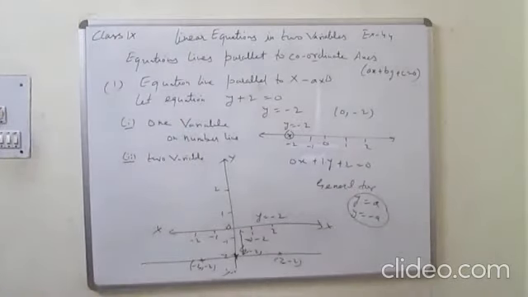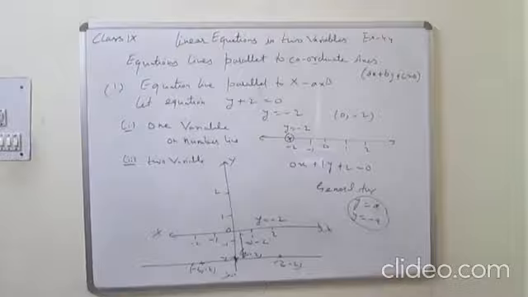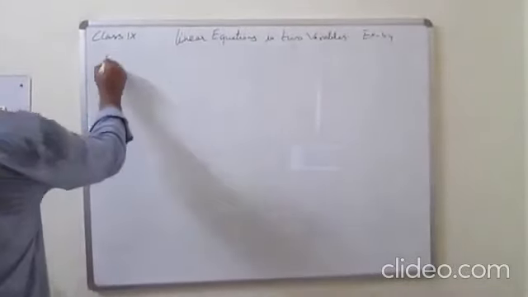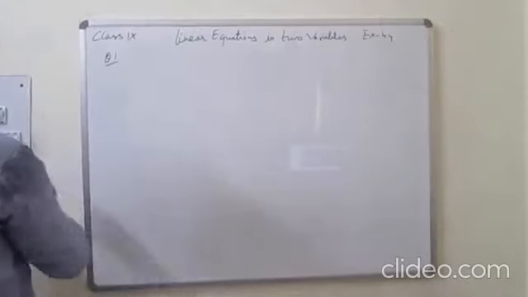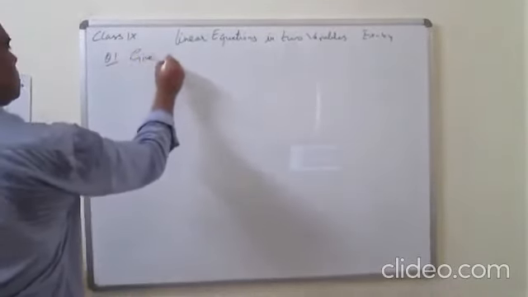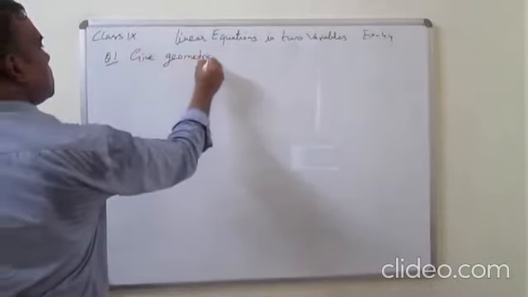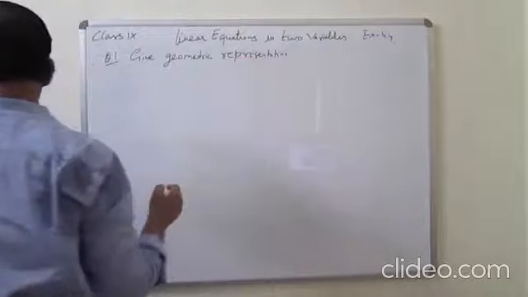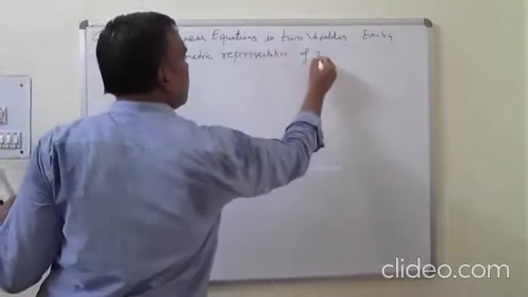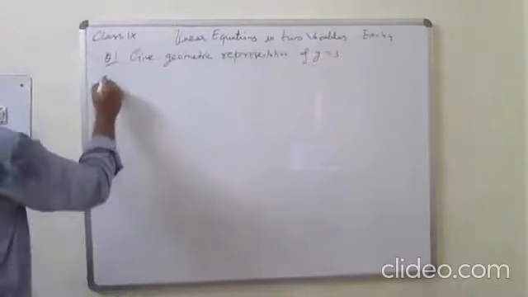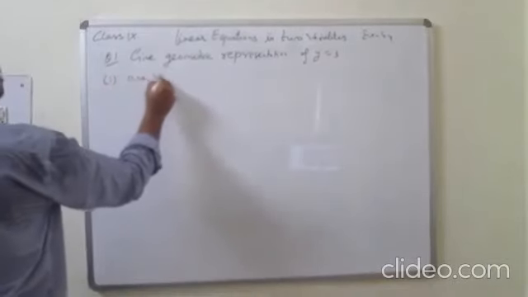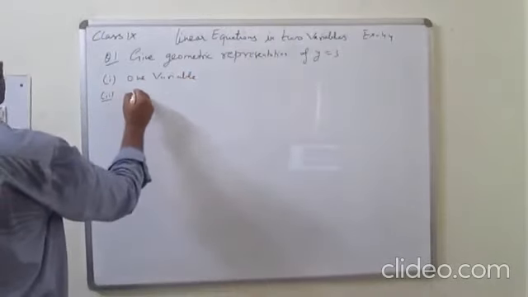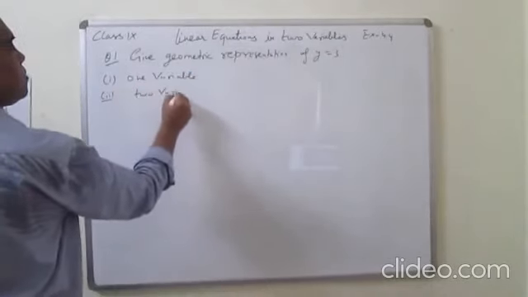Now we will start question number one. Give the geometric representation of y is equal to 3, first in one variable, second in two variables.